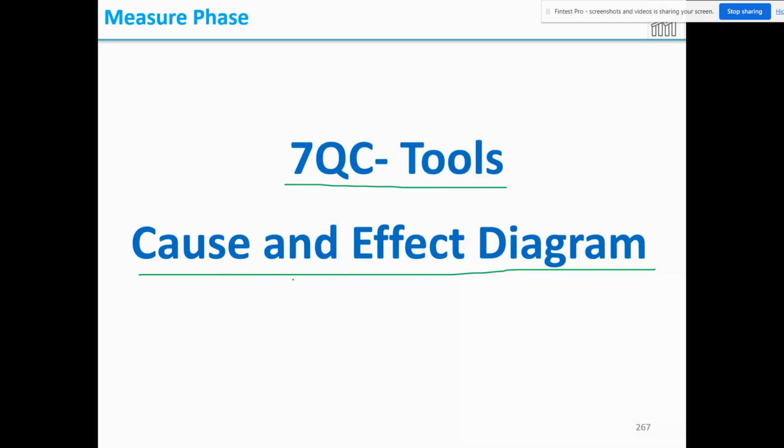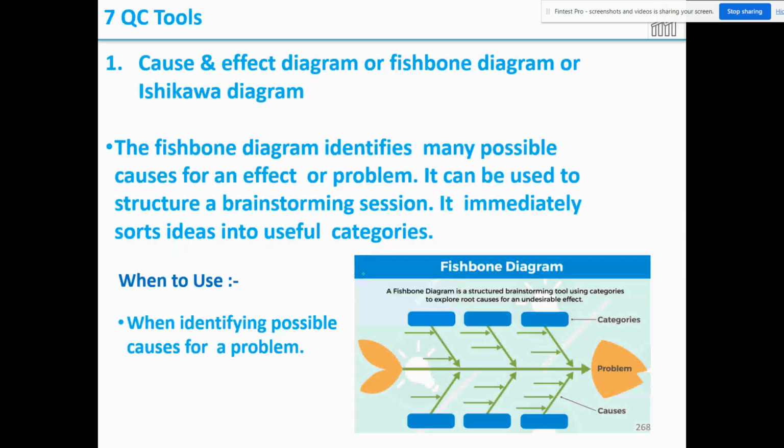Before going to the explanation, what is generally cause and what is effect? Effect is dependent upon the cause. If you do the particular cause, the particular effect will happen. That is very simple. The cause and effect diagram, which we call the fishbone diagram or the Ishikawa diagram because Ishikawa invented this.